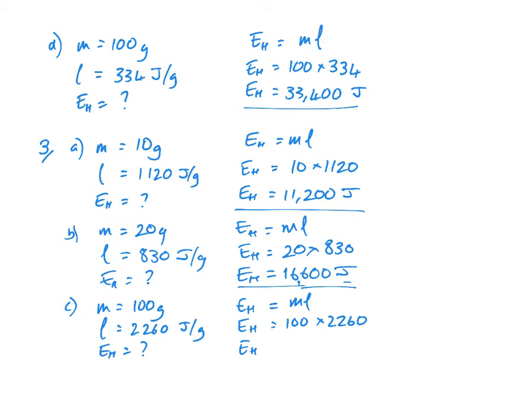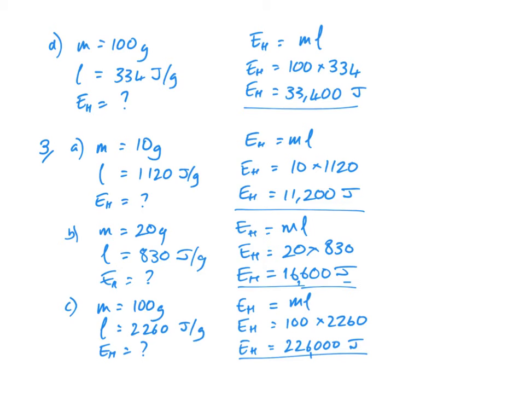The value is quite high for water, like 2,260, you see it's the highest in the table. For this particular mass of water we end up with quite a large number for the amount of energy involved.